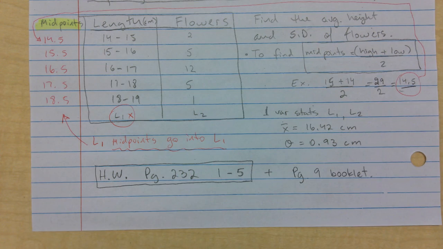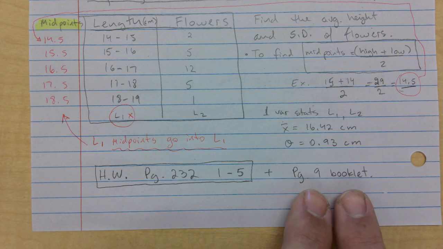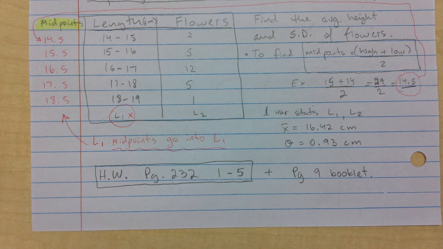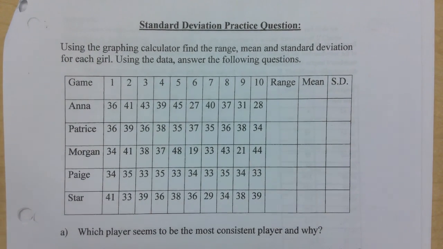This is what we just did here, and this is more now using standard deviation to compare, and that's what we're going to do next. Which is also in the textbook as questions 4 and 5, which do what we're doing now. Okay, but let's have page 9 out as well. Page 9 in your booklet.